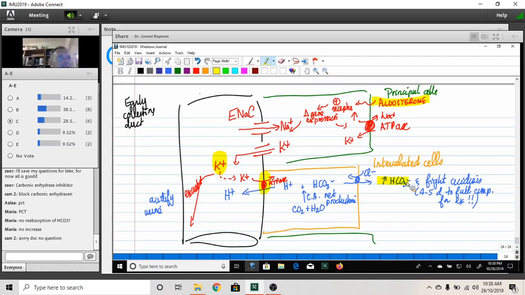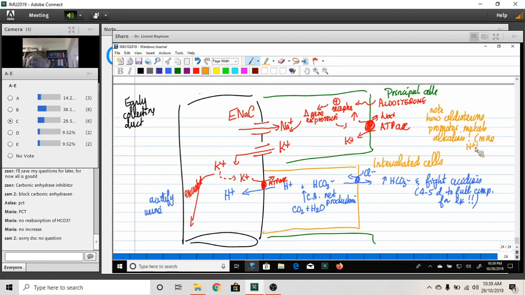Yeah? Look at another possibility. So here I'm going to say, note how aldosterone promotes metabolic alkalosis, more H plus K plus ATPase.